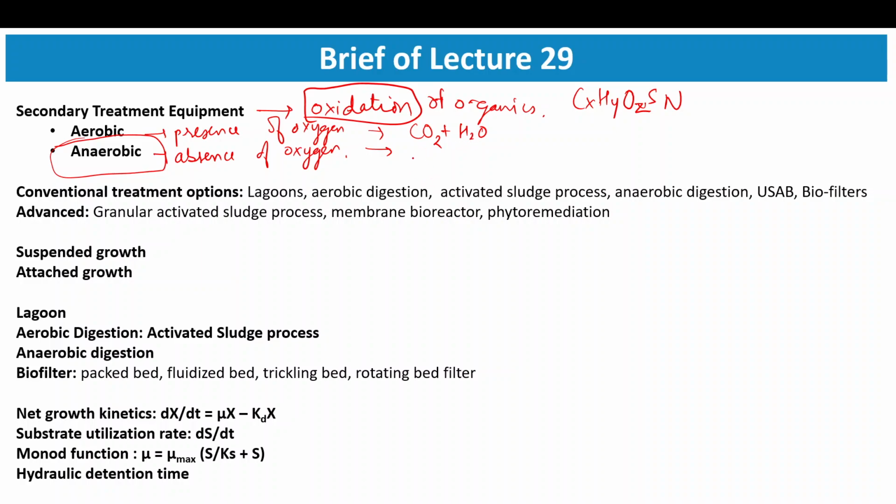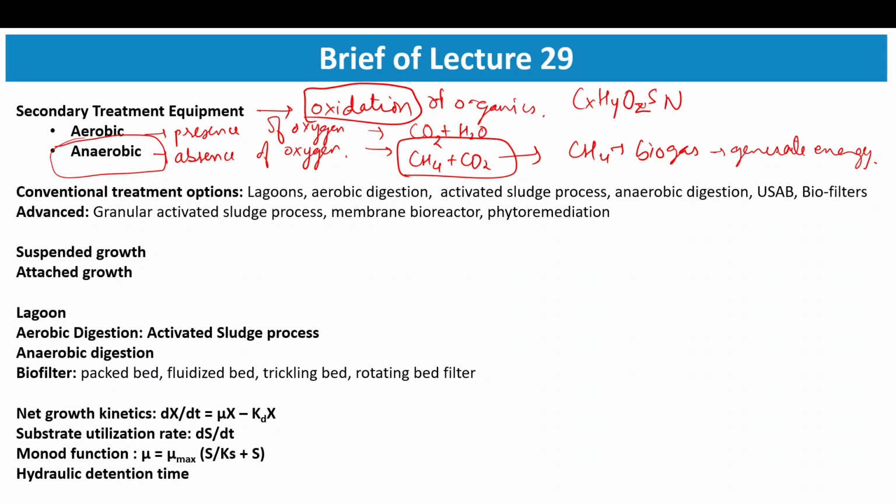However, in the anaerobic process, CH4 and CO2 will be produced. In this case, you can use CH4 as biogas and generate energy. So depending on these factors, you can select whether to go for the aerobic or anaerobic process.